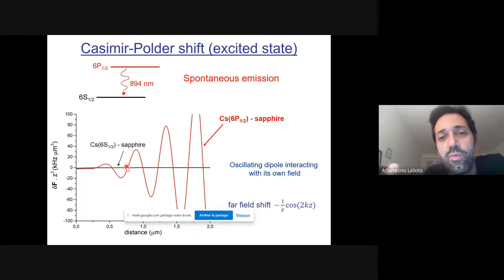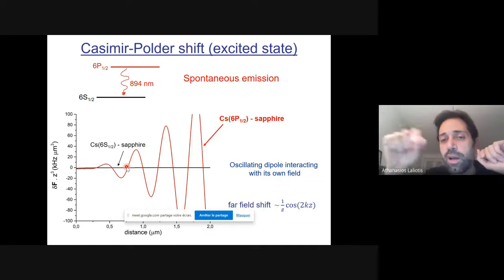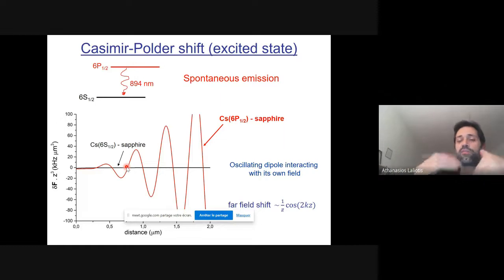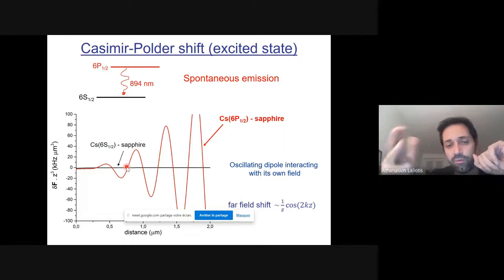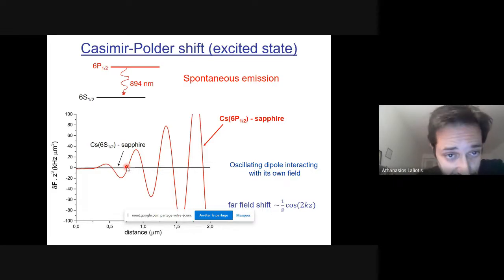It's a very interesting interaction because, of course, an oscillating dipole in front of a surface, as you move it away, will come in and out of phase with its own reflected field, and this will flip the interaction from attractive to repulsive, and so on, with a period that depends on the wavelength over 2 of the transition.